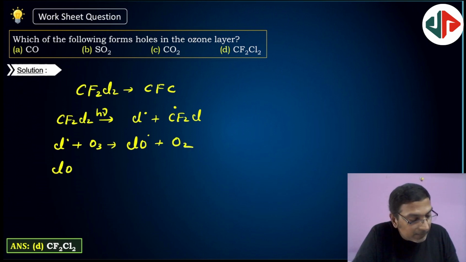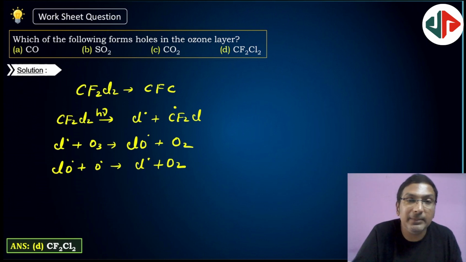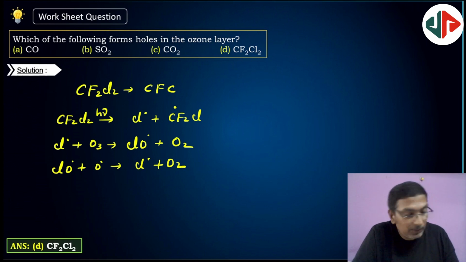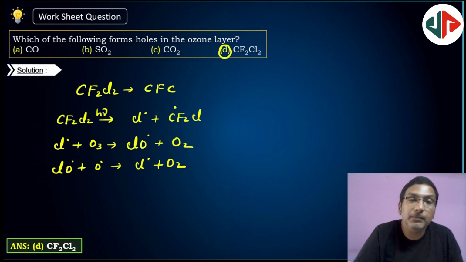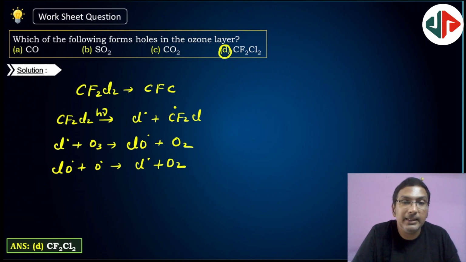So the ClO radical combines with O radical to form Cl radical plus O2. These are responsible for depletion or ozone hole. Radical mechanism. Cl radical is responsible for depletion. Next.